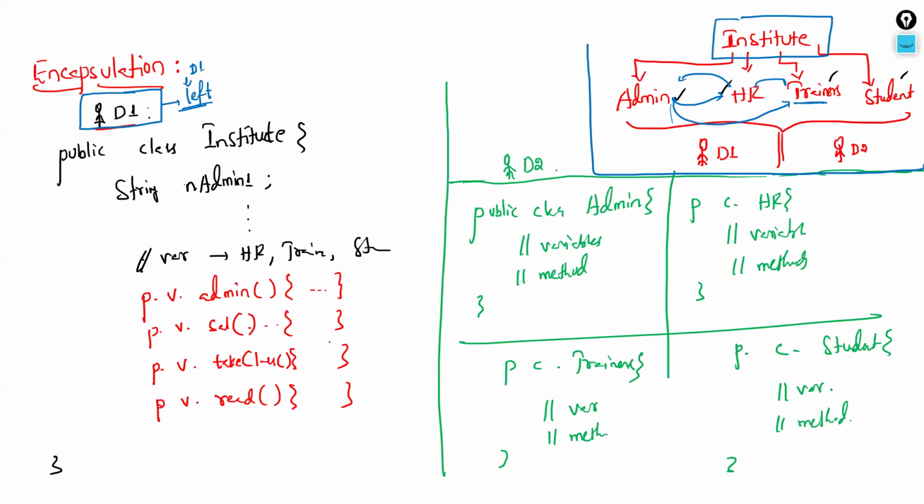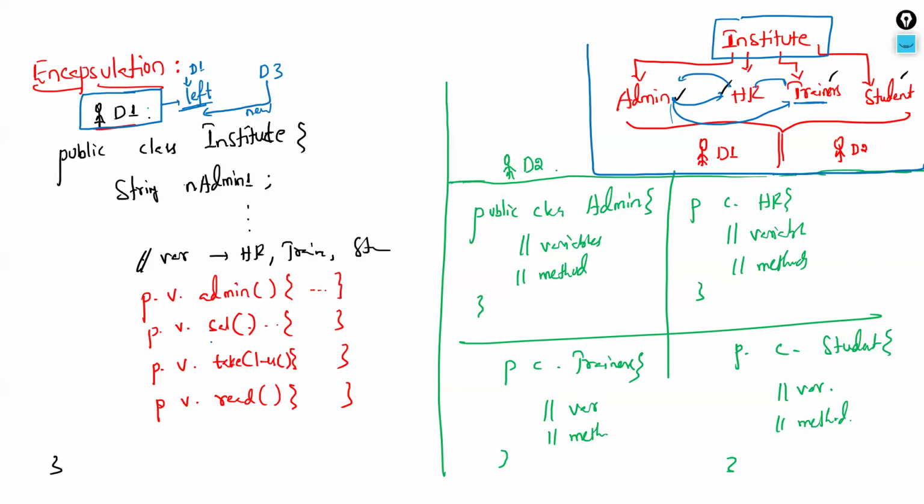D3, developer 3, as a new developer, came into D1's position. First, what does D3 have to do? D3 has to understand the code written by developer 1. Is it easy to understand? Yes or no? No. What is the reason?